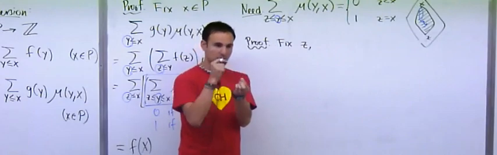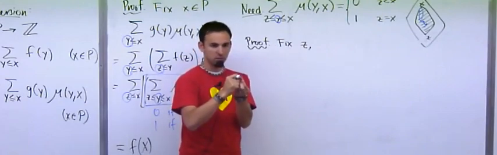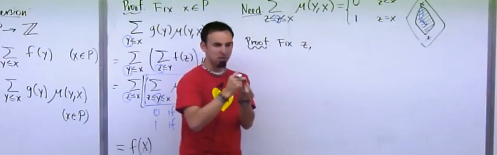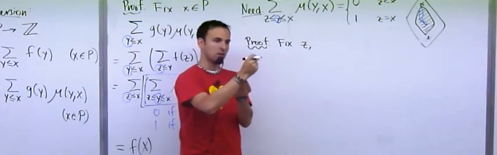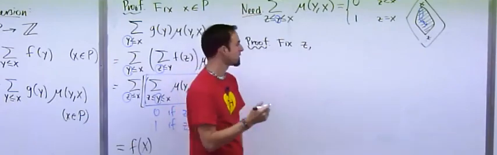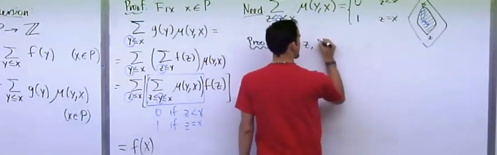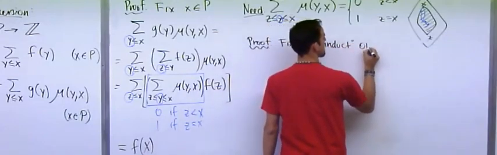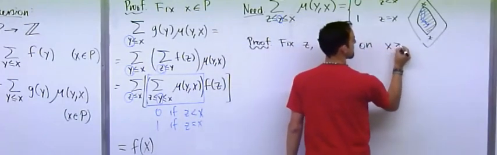I need to prove it for z and the things above z. So I'm going to prove it for z, then I'm going to prove it for the things above z, then I'm going to prove it for the things above those, and I'm going to work my way up. And so I'm going to say induct on x greater than or equal to z.